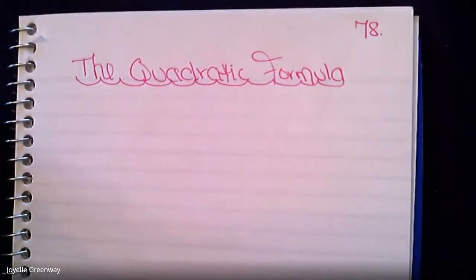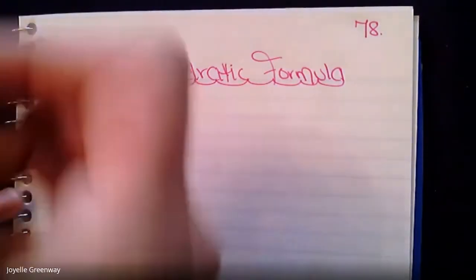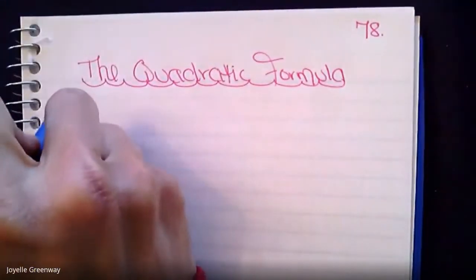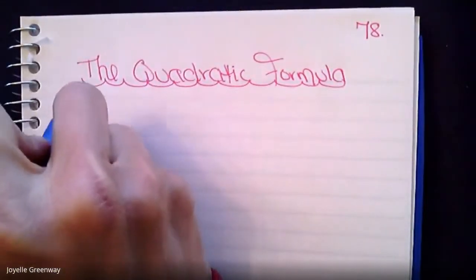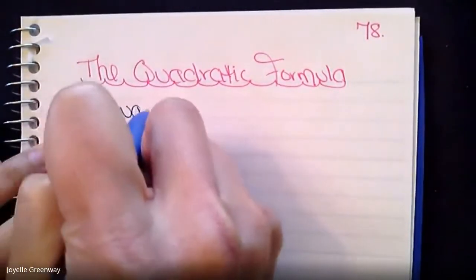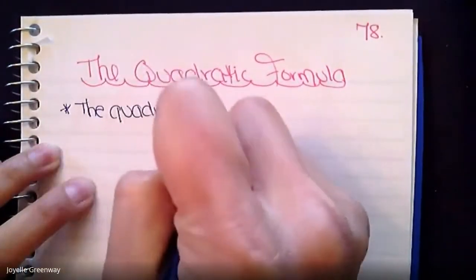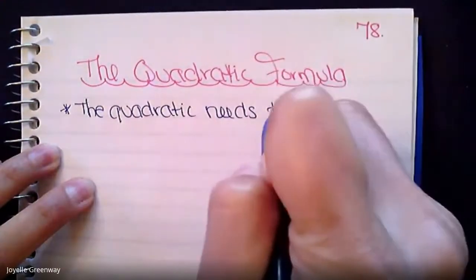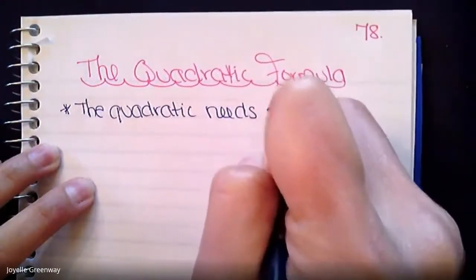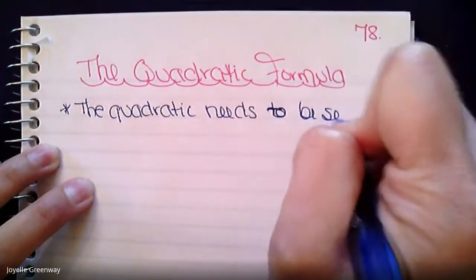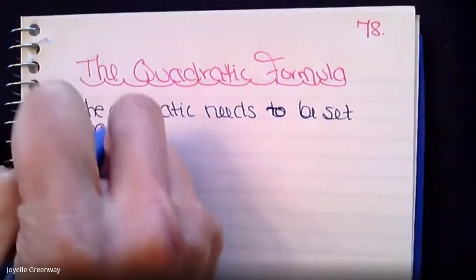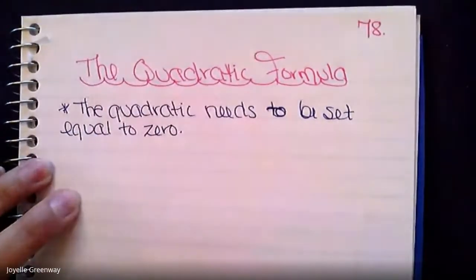There are not many steps that you need to remember when going through the quadratic formula. You need to memorize the formula. After you do it so many times, it's almost like second nature. The only thing you need to remember is that the quadratic needs to be set equal to 0.